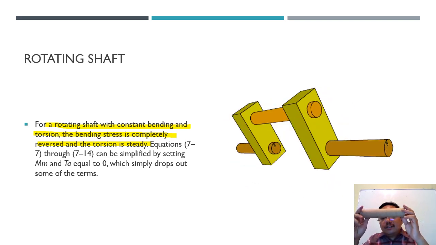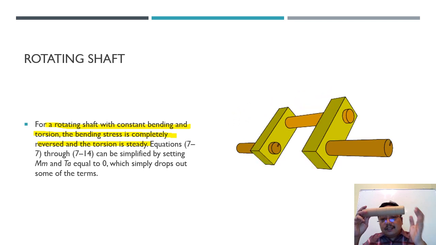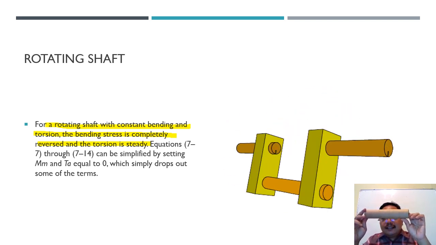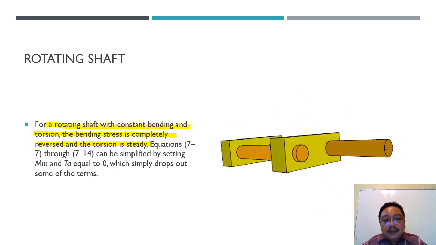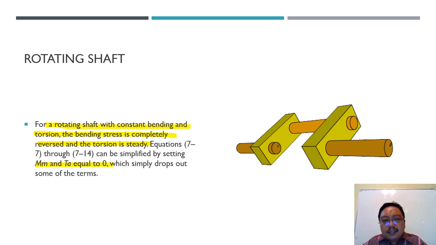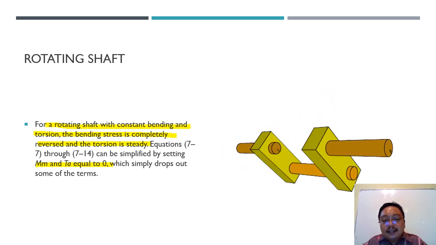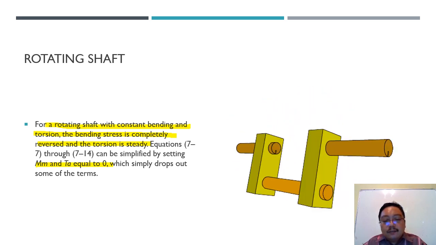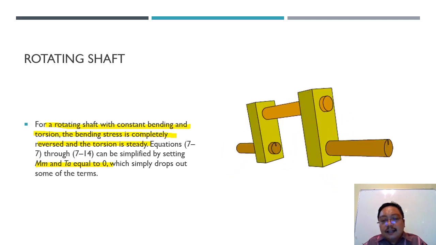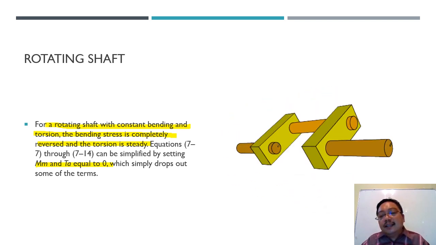So this is what the statement says, that the bending stress is completely reversed. To simplify the equation, set the moment and the torque to 0, and then the equation should be quite easy. We will do the example in the next video.